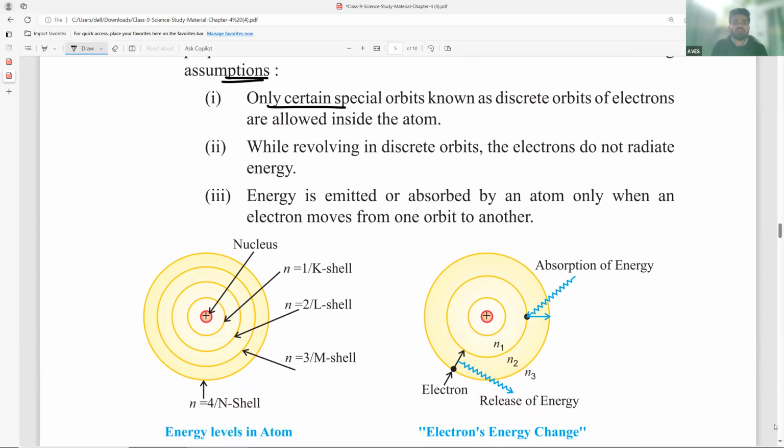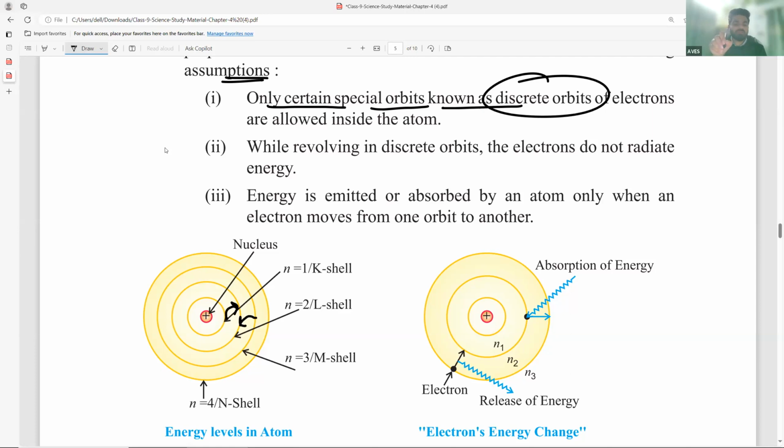There was an assumption that electrons revolve in special orbits which he called discrete orbits. The electrons revolve in a fixed orbit. When they jump from an inner orbit to a higher orbit, or from a higher orbit to a lower orbit, there is a change in energy.